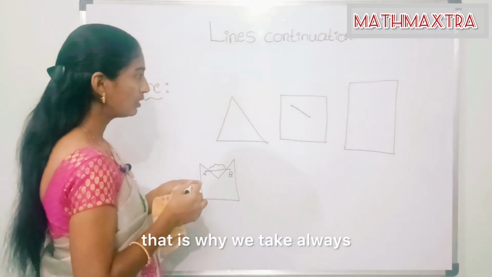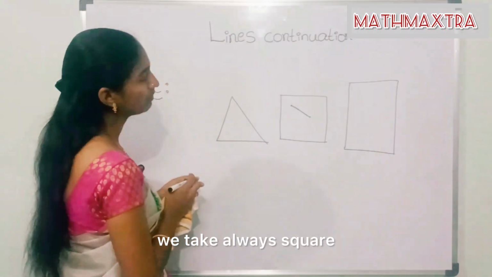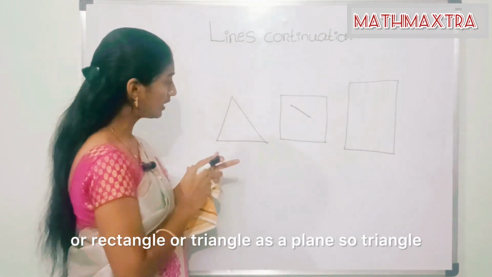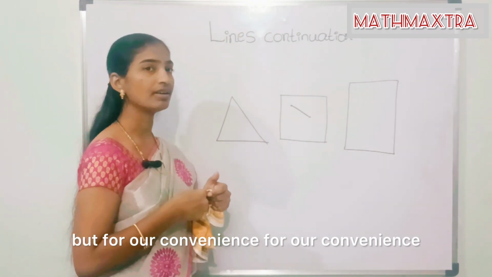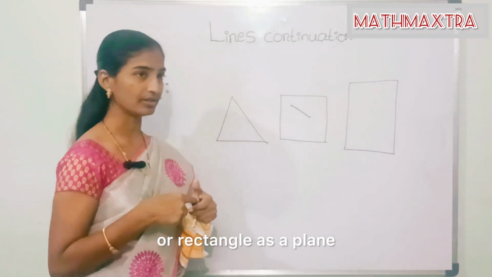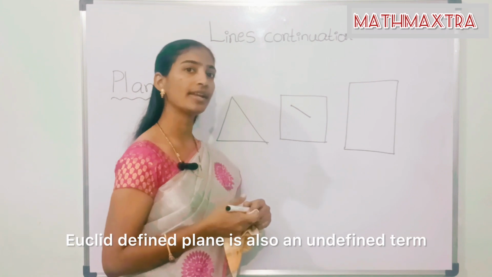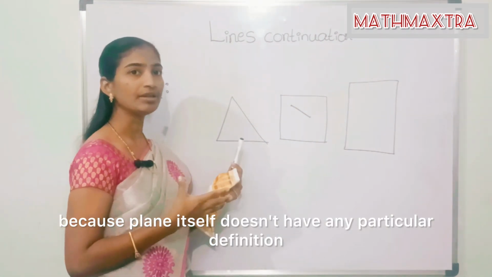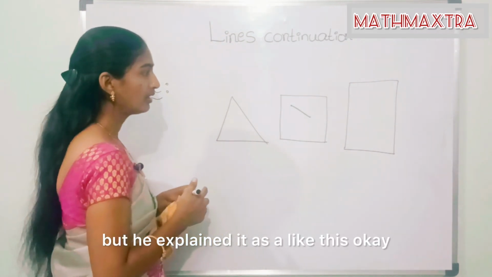That is why we always take a square or rectangle or triangle as a plane. So a triangle is also a plane, but for our convenience, we always take a square or rectangle as a plane. Okay, Euclid defined plane also as an undefined term because a plane itself doesn't have any particular definition, but he explained it like this.